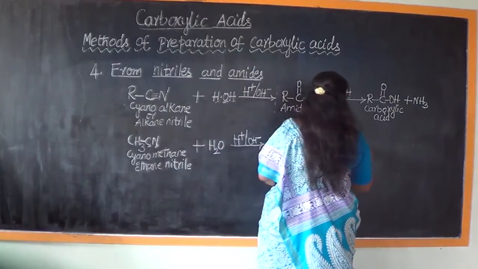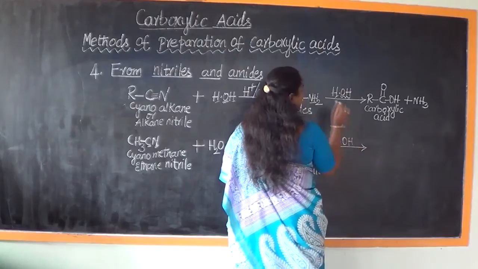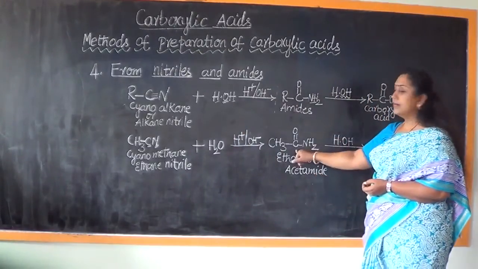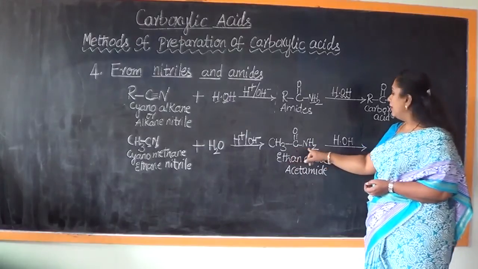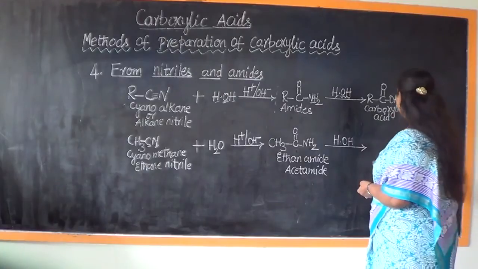How to obtain carboxylic acid now from this? Continue with the process of hydrolysis. Now what happens? OH will get attached with carbon and then H will take attachment with NH2 forming NH3.